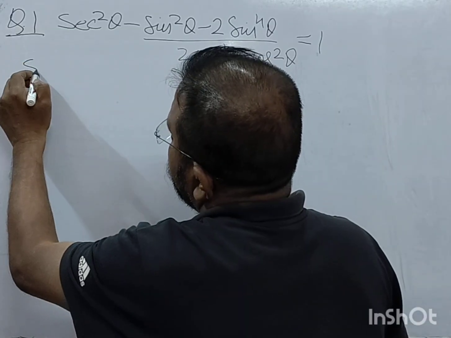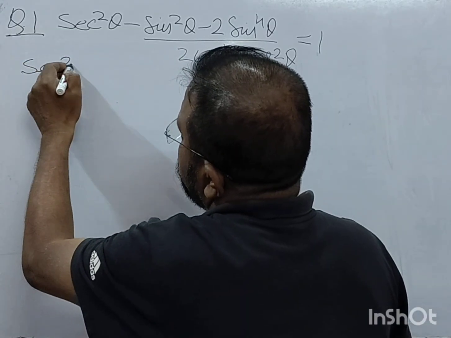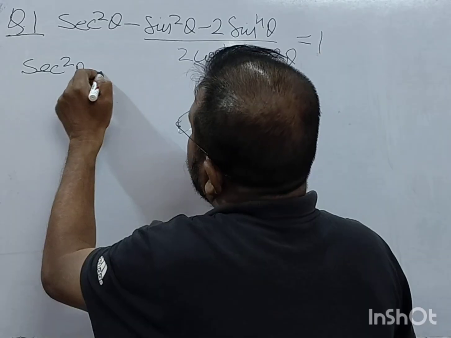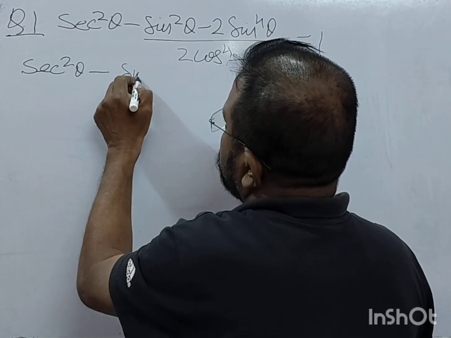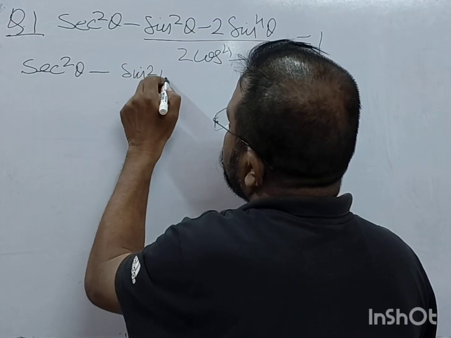So we can do it: sec square theta minus sin square theta.